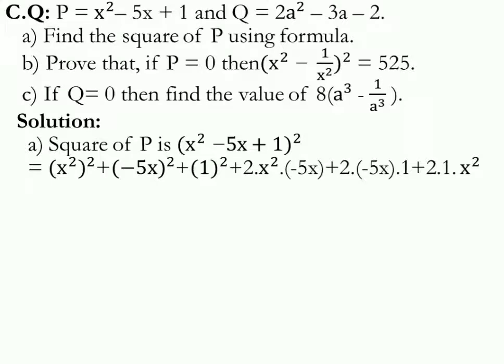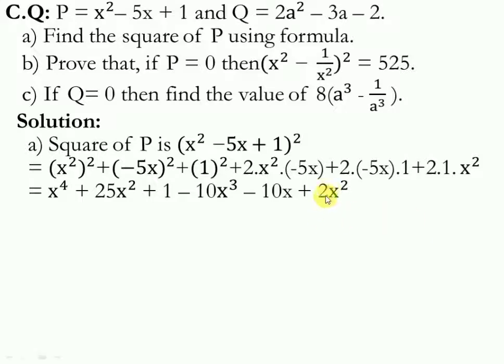as it was the formation of a plus b plus c whole square. Now look at this, minus will become plus for this square, and here this minus will make minus multiplied with this plus. This minus also becomes minus multiplied with this plus. So this becomes x square whole square becomes x to the power 4 minus 25x square plus 1 minus 10x cube minus 10x plus 2x square.